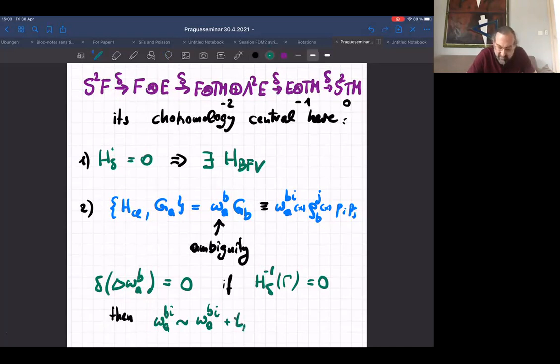So it's TIA psi BII plus rho CI MBAC, and that's antisymmetric. And if the cohomology is non-trivial, then there's more ambiguity.